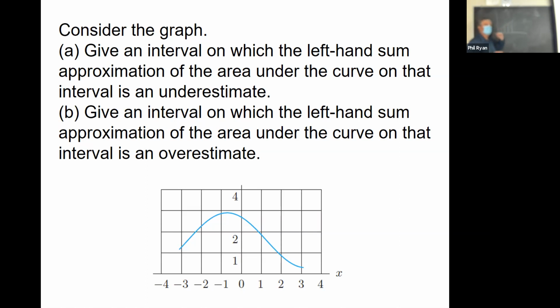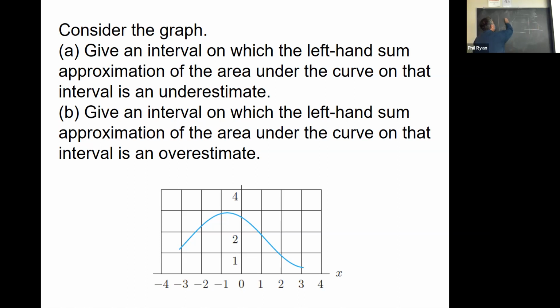What do we call a function where the left-hand endpoint is the lowest value? As distinct from this function, where now the right-hand endpoint is an underestimate. What's the difference between these two functions?